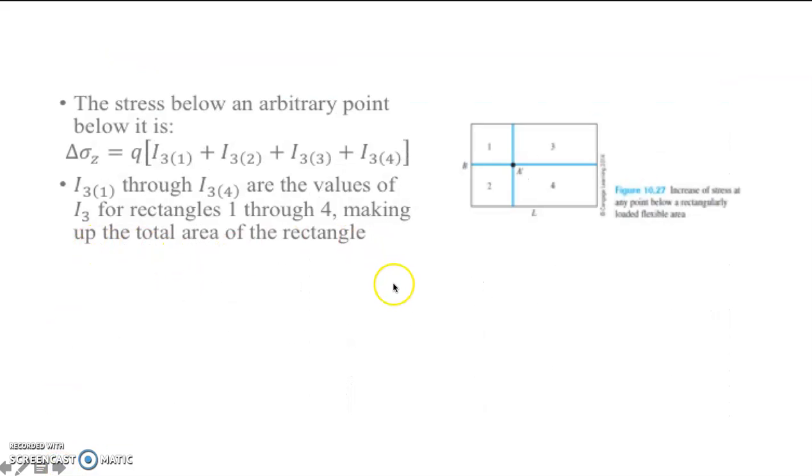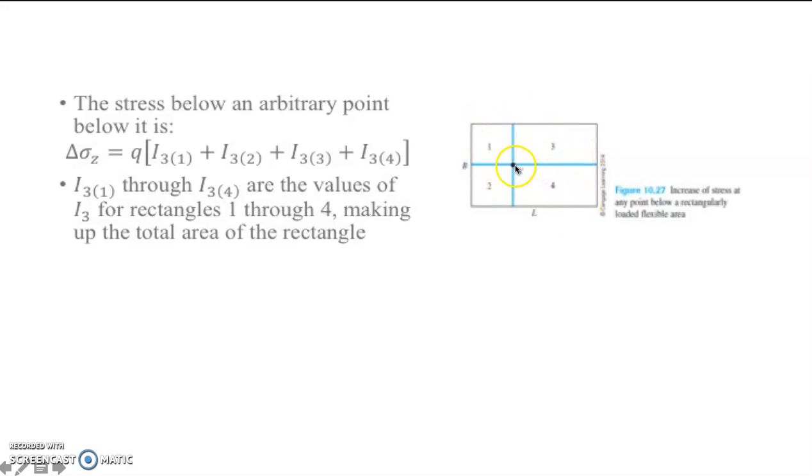So this one is the stress below an arbitrary point below a rectangularly loaded flexible area. So if you're going to get the stress at any point below a rectangularly loaded area, basically you have to divide that into 4 quadrants.